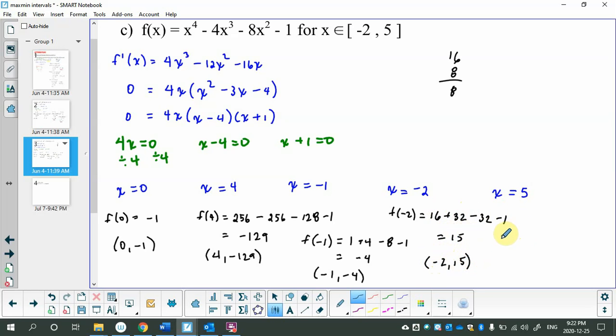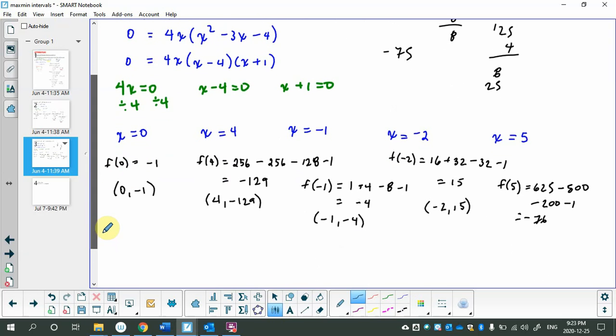And then finally, 625 minus 125 times 4, 500, minus 8 times 25 is 200 minus 1. So negative 75 minus 1, negative 76. All right, sorry for the chicken scratch.